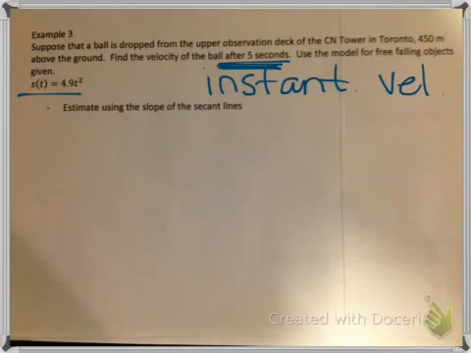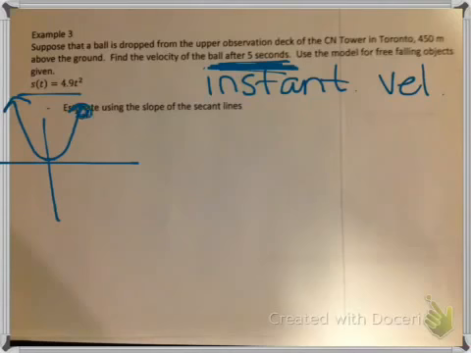So in order to find my instantaneous velocity at 5 seconds, that's really saying find, so 4.9t squared would just be a more narrow parabola. After 5 seconds, let's say the point's here, I really want to find the slope of the tangent line again. So we're going to approach this the same way. I'm going to find the slope of secant lines as I move closer and closer and closer to this point.